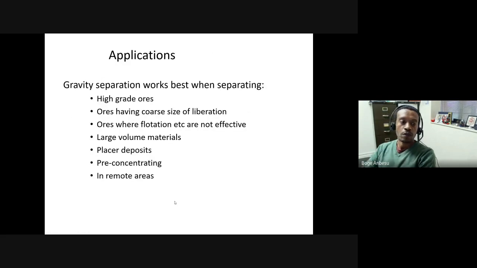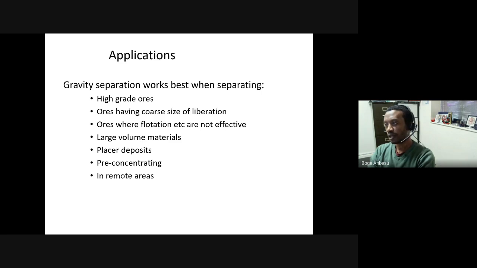Okay, so when do we typically use gravity separation? So instead of, say, other methods like flotation or magnetic separation and so on, it's mainly when other separation methods are not applicable.